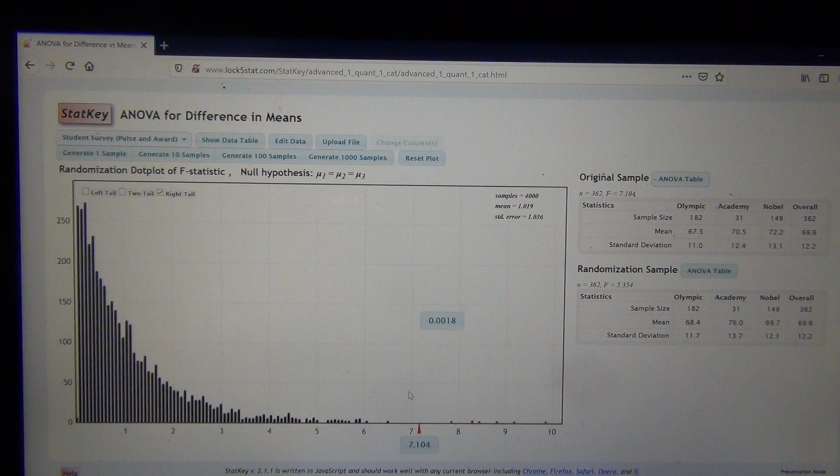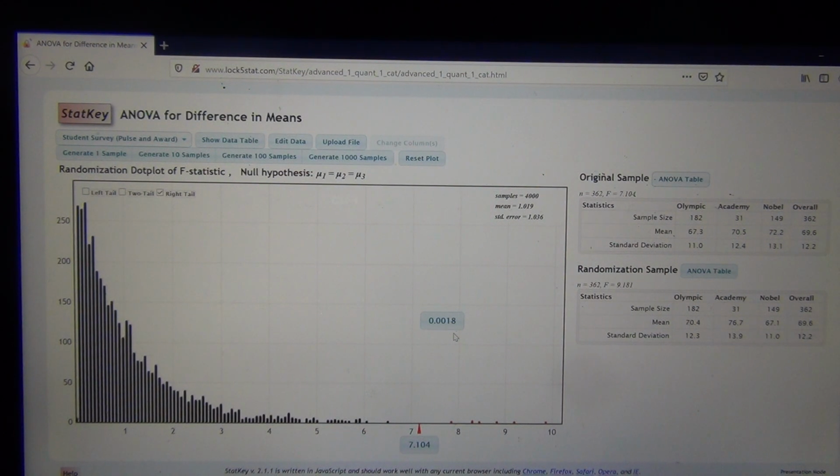So the probability of getting the sample data, the 7.104, the statistic from the original sample data, or more extreme, right? We consider any simulations higher than that by sampling variability. Remember, this is all by sampling variability if the null was true. It's right there, so this is a good picture of the p-value. And there's our p-value, 0.0018, very close to 0, a 0.18% p-value.